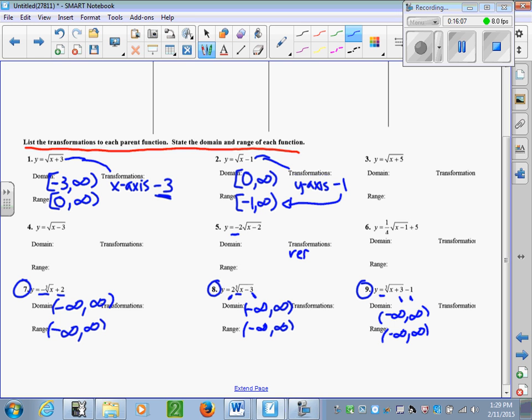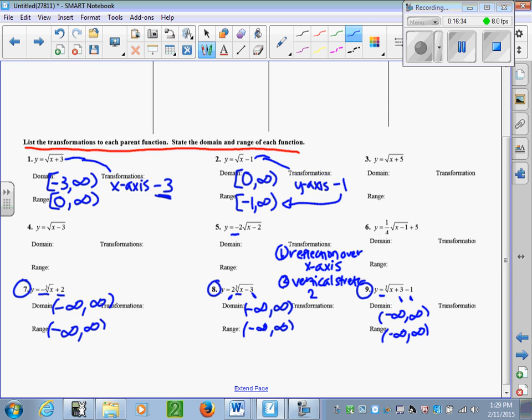It's a reflection over my x-axis. Remember, we've been saying this flips over my x, but really what it's called is a reflection. So that's one of my transformations. My other transformation is that I have a vertical stretch because I have a number greater than 1. So a vertical stretch of 2.